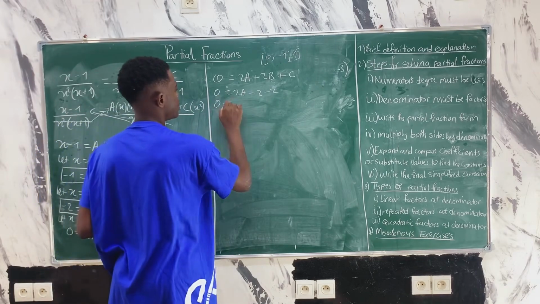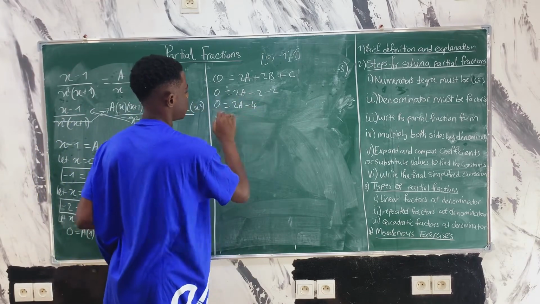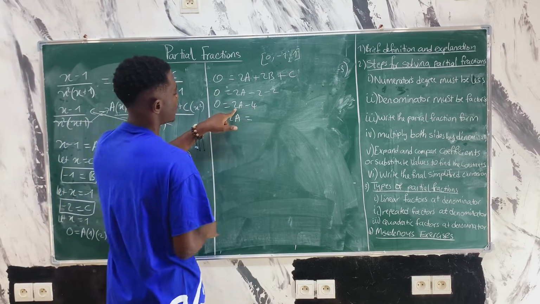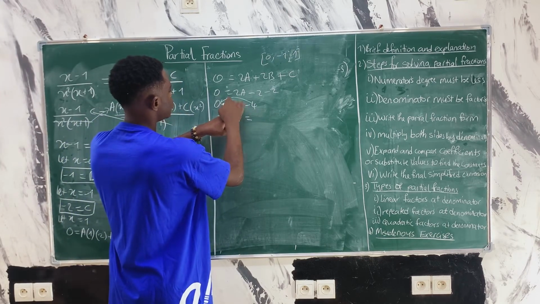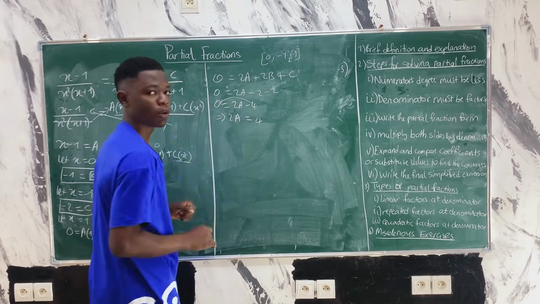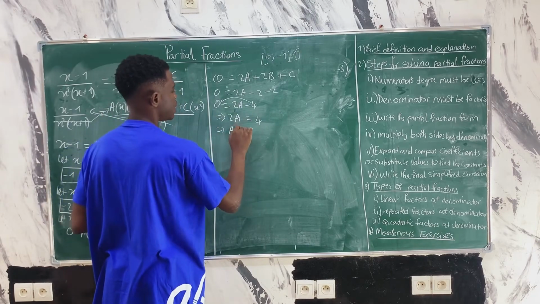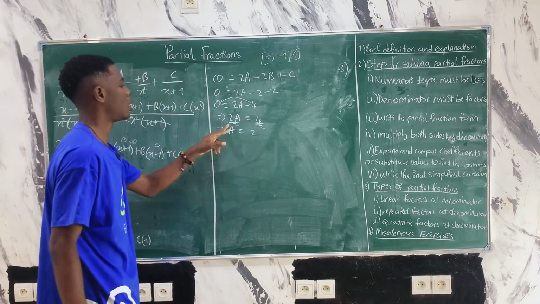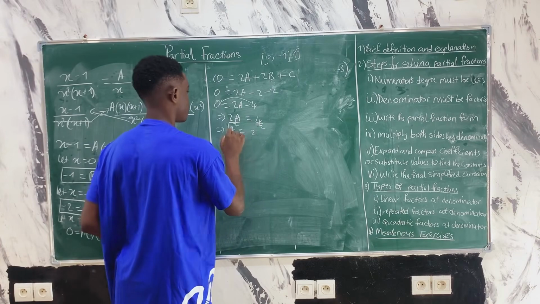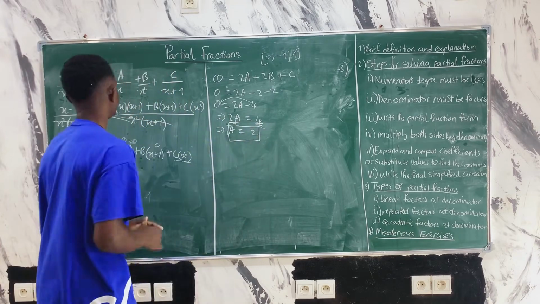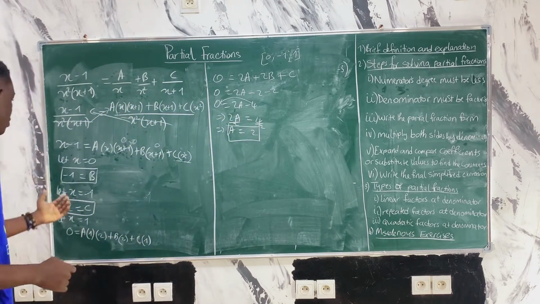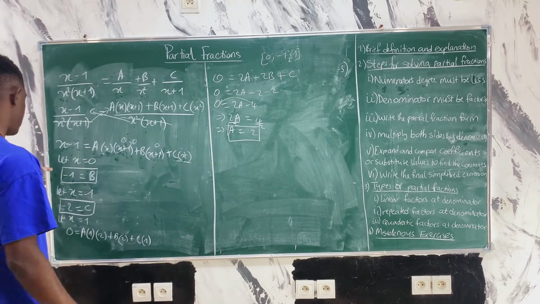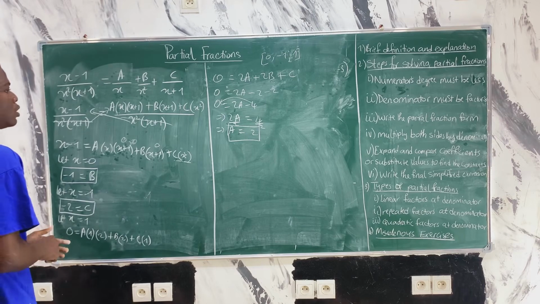Here I'm seeing that 0 is equal to 2a minus 4, which implies 2a will be equal to, when I bring this 4 this way, it becomes positive 4, which implies, if I divide all through by 2, a will be equal to 2. So I easily found my values of a, b, and c. I have a as 2, b as -1, and c as -2.